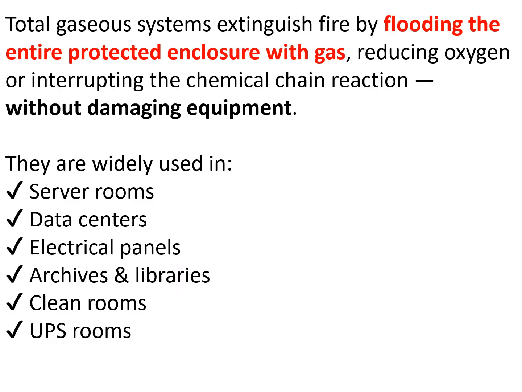Total gaseous system extinguish the fire by flooding the entire protected enclosure with gas, reducing oxygen or interrupting the chemical chain reaction without damaging equipment of the enclosure. They are widely used in server room, data center, electrical panel, archives and libraries, clean rooms, and UPS room.